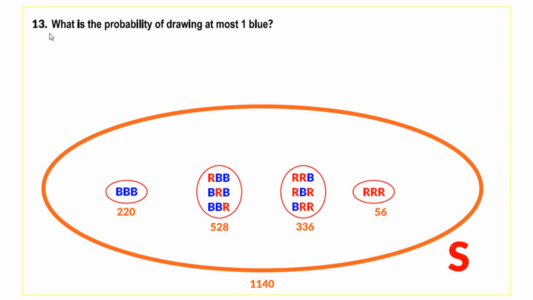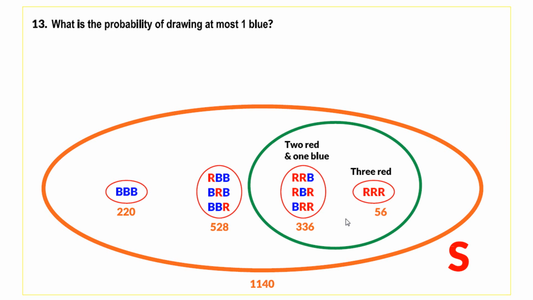Question 13. What is the probability of drawing at most 1 blue? So at most 1 blue means the maximum number of blue balls should be 1. So we may pick up 1 blue ball or no blue ball. So it means 3 red balls. So these two events will create the event which is at most 1 blue.